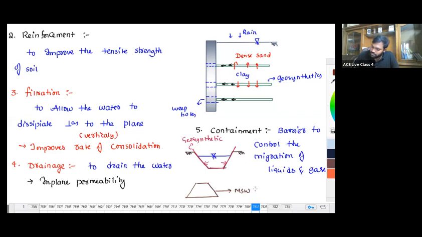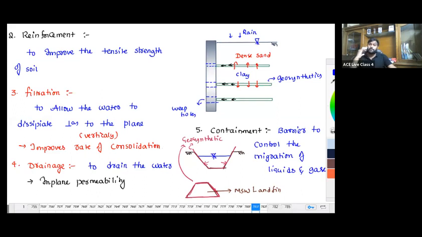Municipal solid waste landfill. On the top, sides, bottom, everywhere it is going to be provided with the geosynthetic. In the case of the municipal solid waste landfill, during the rainy season, the waste can undergo decomposition.